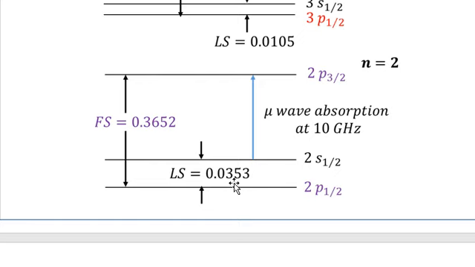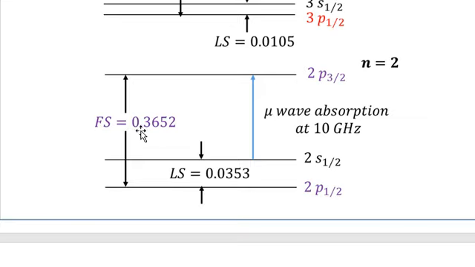So 0.0353 is in centimeter inverse, and the energy of the 2s1/2 level is greater than the energy of 2p1/2. The energy separation between 2p3/2 and 2p1/2, that is the same L case, is the fine structure energy difference.